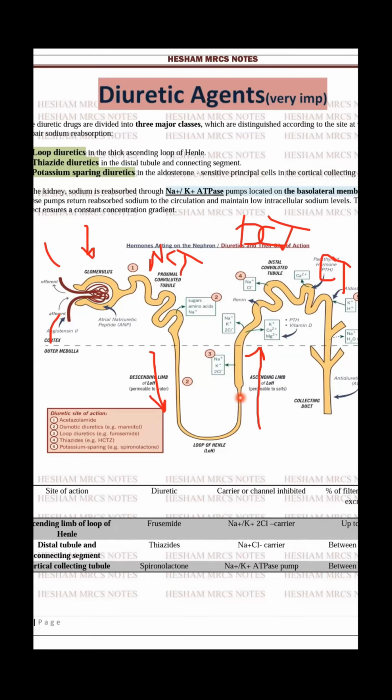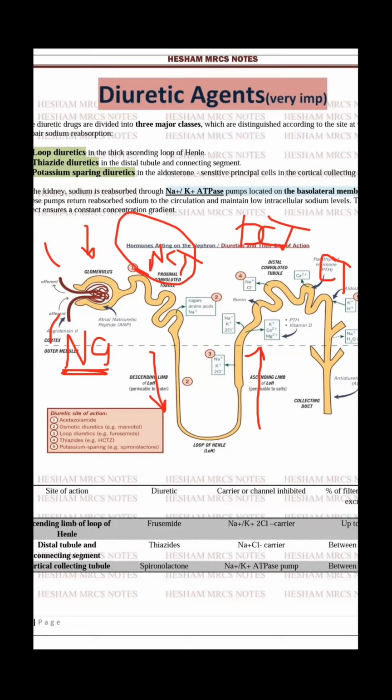We have multiple functions in the proximal convoluted tubule. It is responsible for reabsorption and co-transport of some substances with sodium, because sodium is absorbed here by about 20 to 25%.